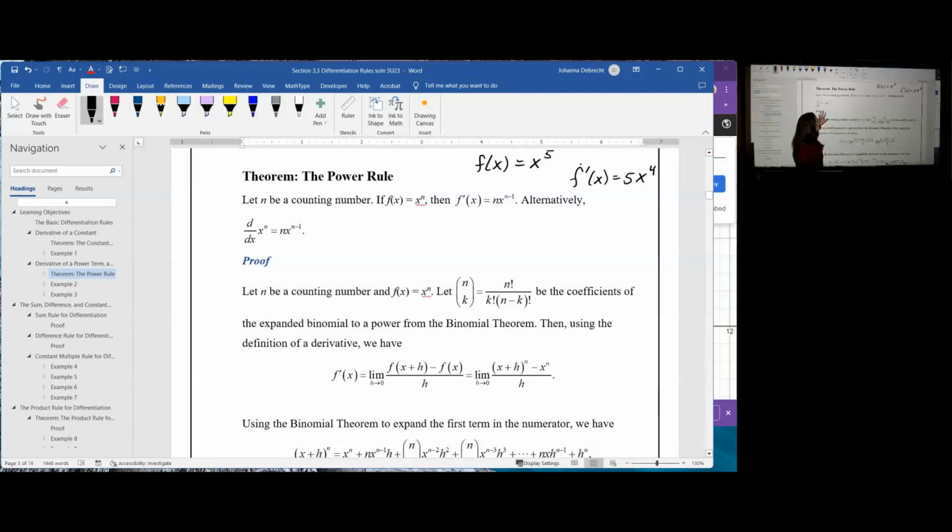Let's go ahead and prove this rule now. We're going to use the binomial theorem, which basically gives us the coefficients when we take a binomial to a power.